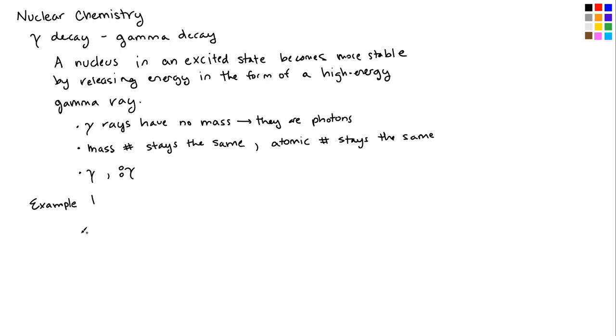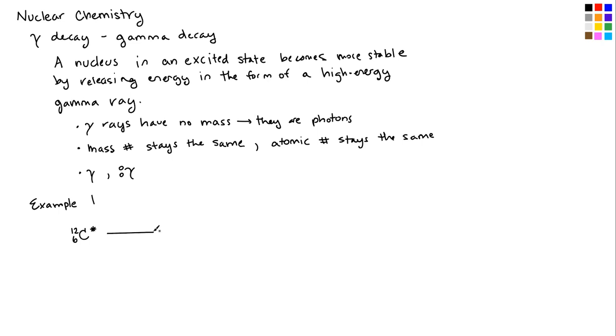Let's say that we have a carbon atom in the excited state. So this is going to be a carbon 12 atom. So I'll draw it with a mass number of 12. And you might see it shown that it's in the excited state by having a little asterisk or star up in the right-hand corner.